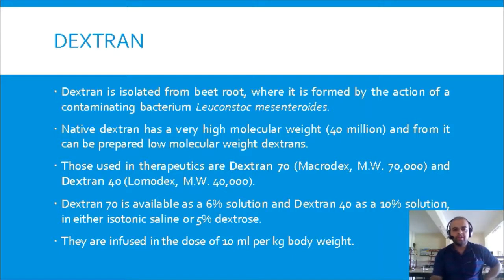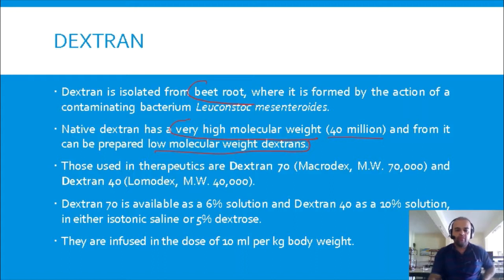Dextran is isolated from beetroot, where it is formed by the action of a contaminating bacterium called Leuconostoc mesenteroides. Native Dextran has a very high molecular weight, around 40 million Daltons, and from it low molecular weight dextrans can be prepared.